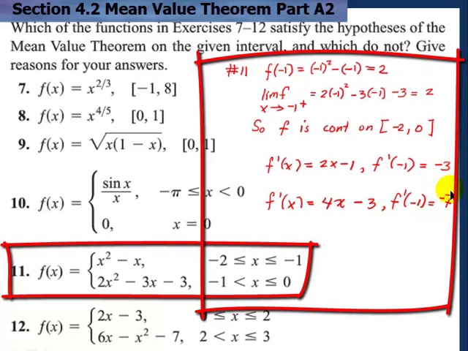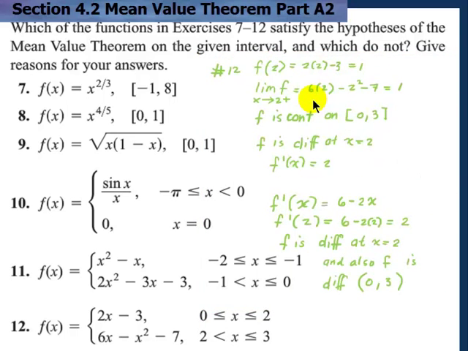They should have the same derivative on both sides of -1, which tells us that based on these two things, we conclude that f is not differentiable at x equal to -1. So number 11 does not satisfy the hypothesis for the mean value theorem.